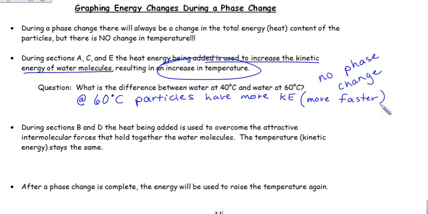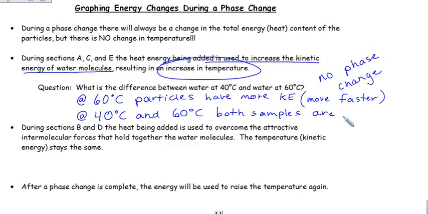However, we should also make note that at 40 degrees, not 4 degrees Celsius, and 60, both samples are liquid. Both samples are in the liquid phase.